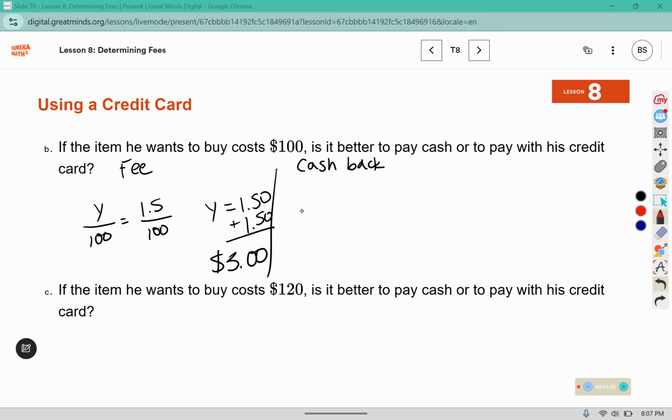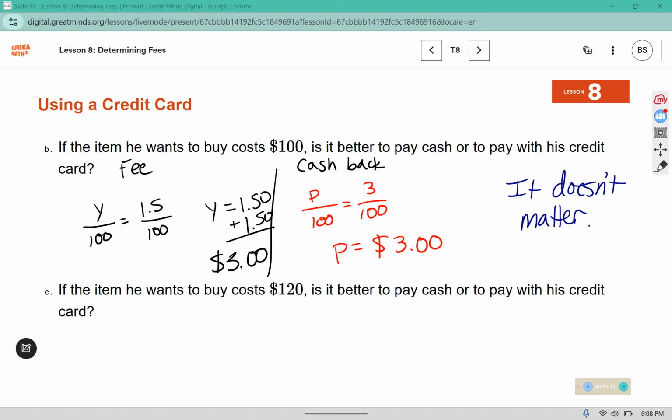If he does cash back on the $100 item, at 3% cash back, that would also be $3 in cash back. So is it better to pay cash or with credit card? At this value, it doesn't make any difference. He would get charged a $3 fee, but he would earn $3 back.